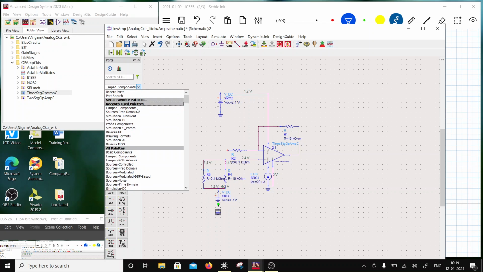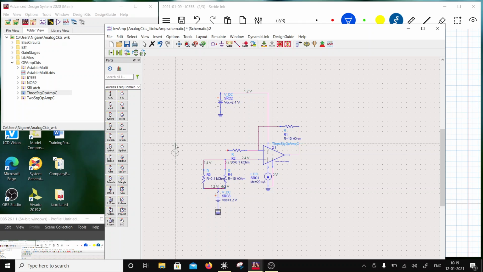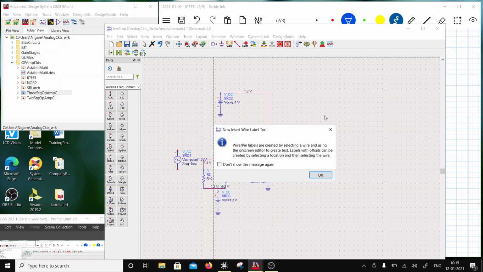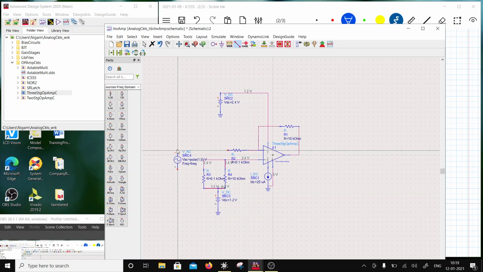I'll put here an AC source, simulation, sources, frequency domain, VAC. I have to put VAC, not V1 tone. Right, and one thing more you have to notice is I have to put here a common mode voltage.